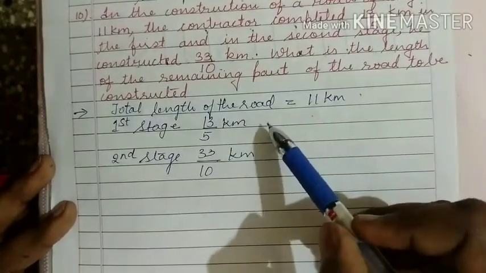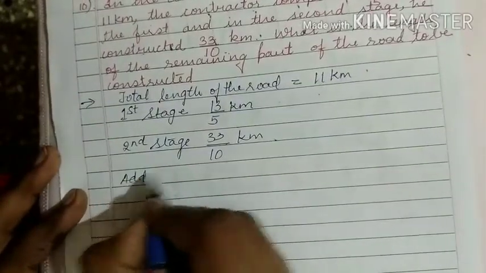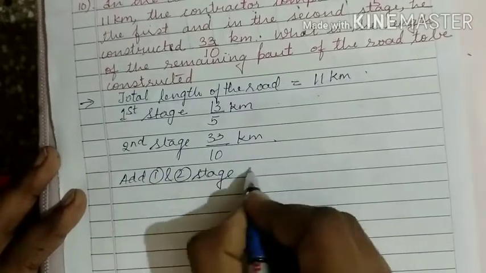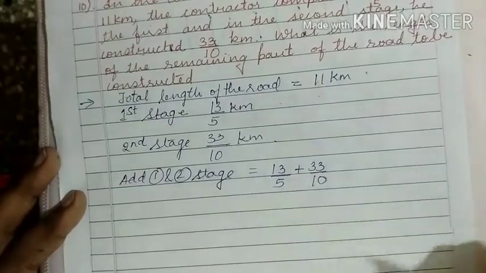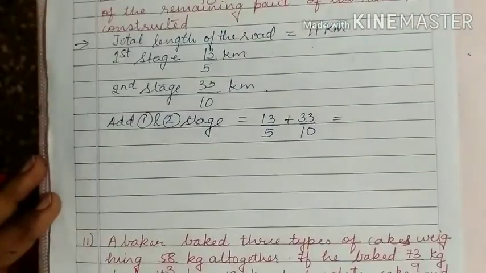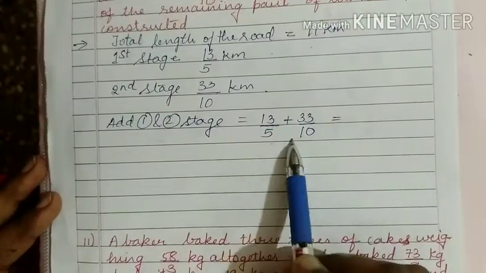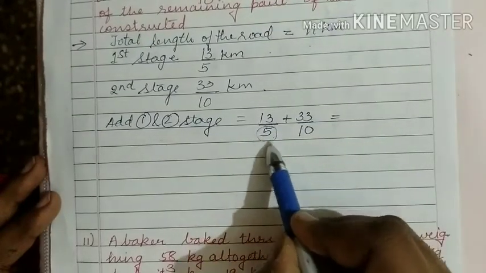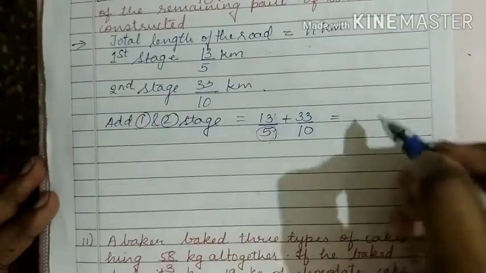So what we are going to do, we are going to add the first and second stage first. So add first and second stage: 13 by 5 plus 33 by 10. Here, if I get this denominator also as 10, then my addition will be easier. So what I'm going to do, I'm going to make this denominator 10 by multiplying 2 in the numerator and denominator.